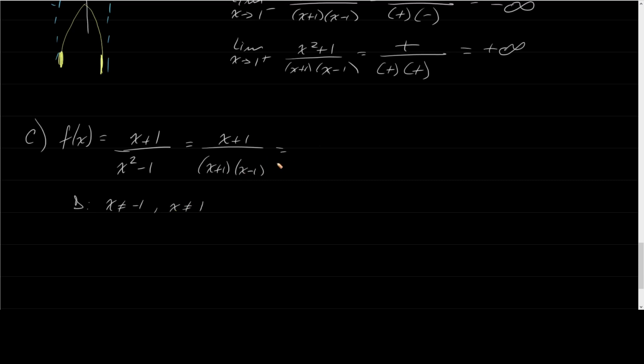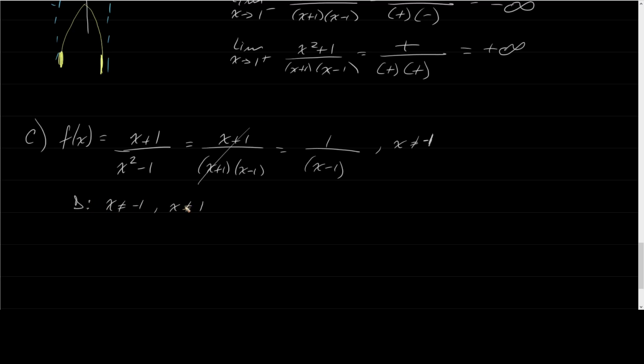But notice here that I could rewrite this now as 1 over x minus 1, as long as x is not equal to positive 1. Ooh, so, and that is also true for -1.